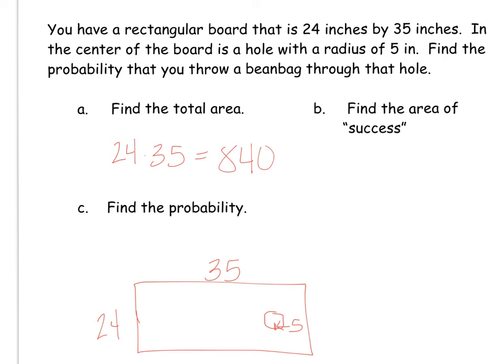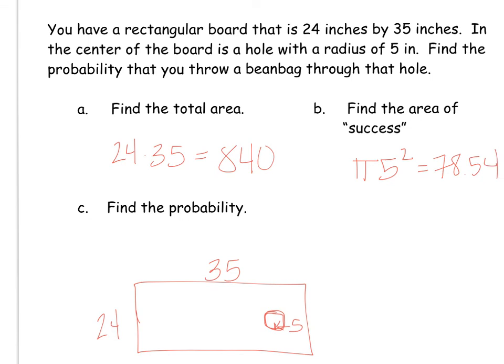Find the area of success. Success means you're getting it through the hole of the board. So I need to find the area of the circle, which is pi r squared, and my r is 5. So pi times 5 squared is 78.54. Now find the probability of what we want over the total.